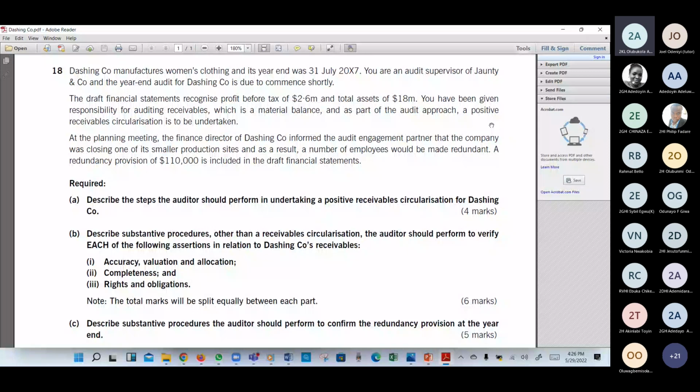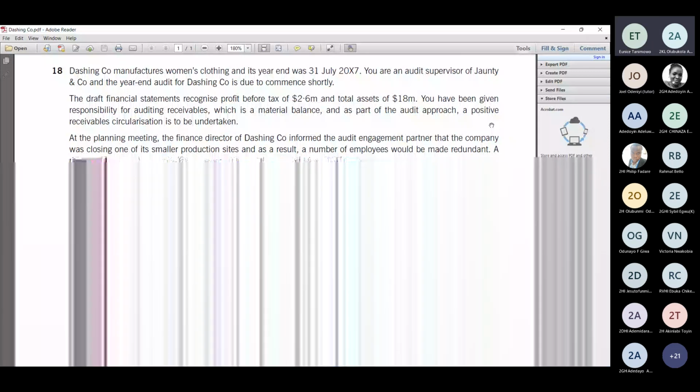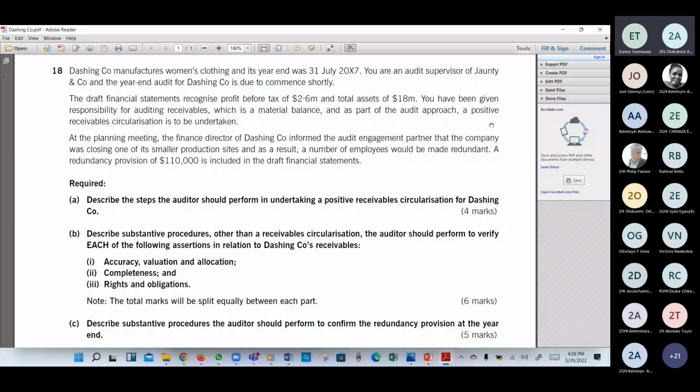Okay, so I would say that the first thing we should get is the listing of all the receivables that agrees to the general ledger. Then once you confirm that it agrees, as Olamide already stated, you get assurance from the clients to provide circularization requests to the vendors.